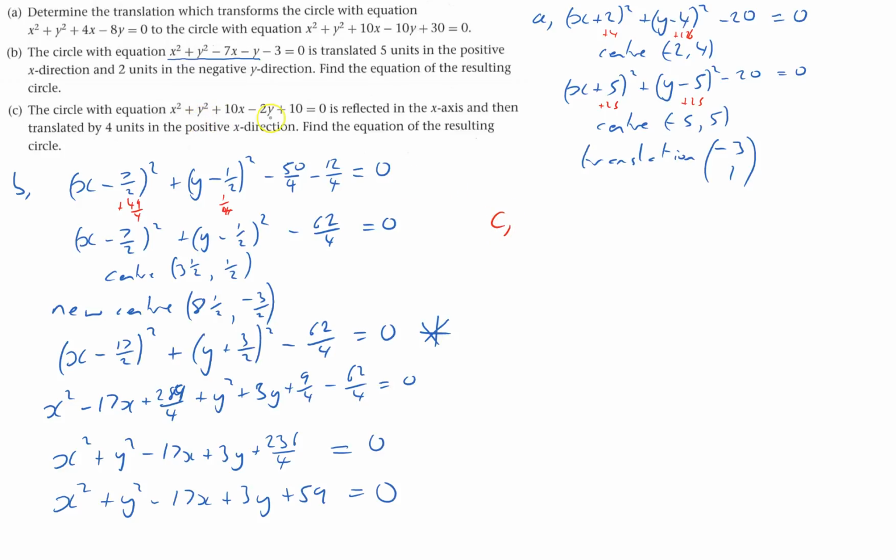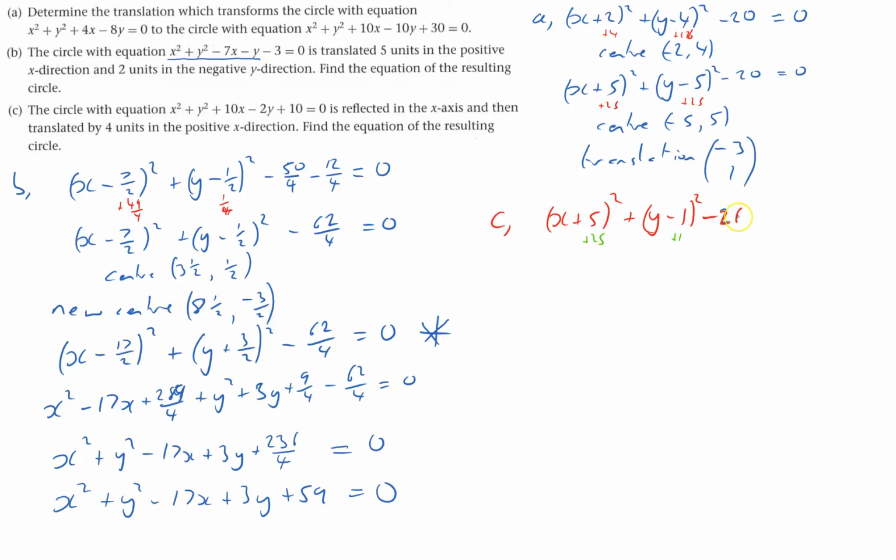C. Circle with that, I'm going to complete the square, so it'll be x plus 5 squared plus y minus 1 squared, and that will give me plus 25, that'll give me plus 1, so I'm going to have to take away 26, that should be in red, shouldn't it?